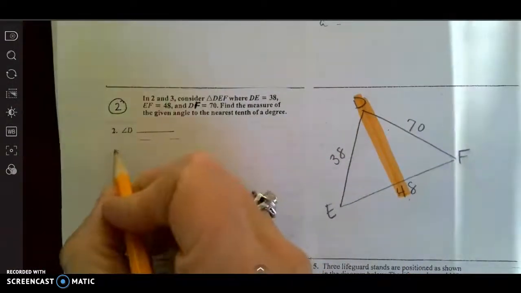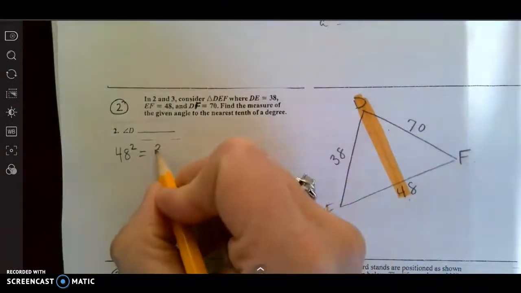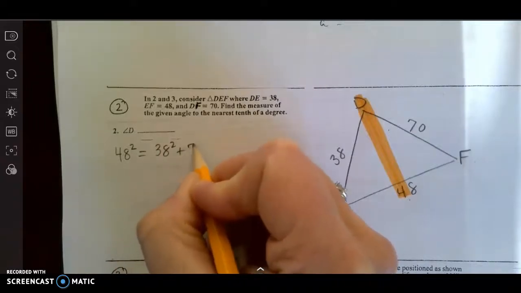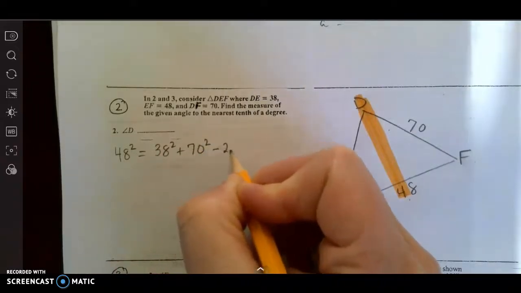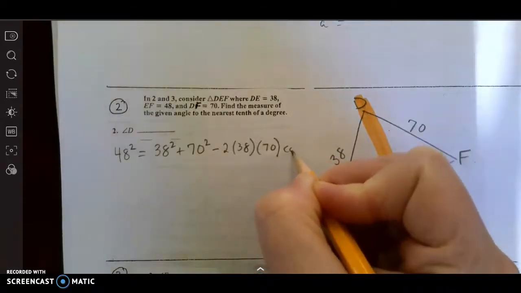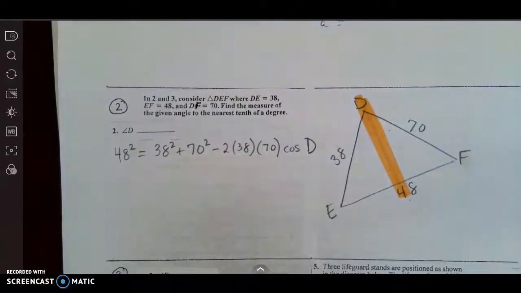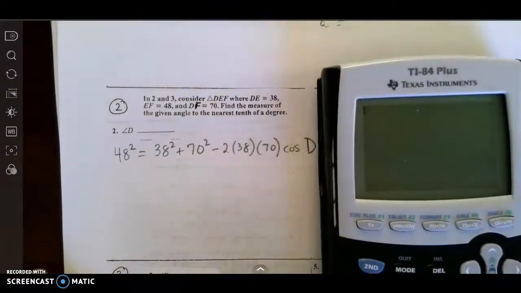So this is going to be 48 squared equals the other two sides squared, minus 2 times those sides times the cosine of I don't know what. Now in this one I can't just put everything into my calculator. This is the type that takes a little bit more work as I go through.